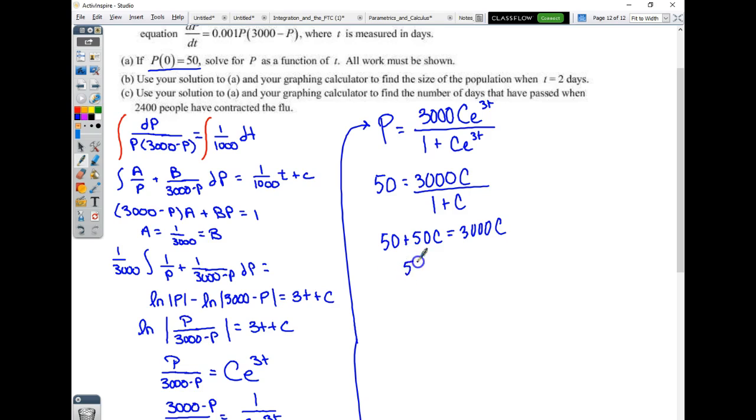This becomes 50 equals 2,950 c. And when I divide 50 over 2,950, which is really 5 over 295, which turns out to be 1 over 59, which is now my c.